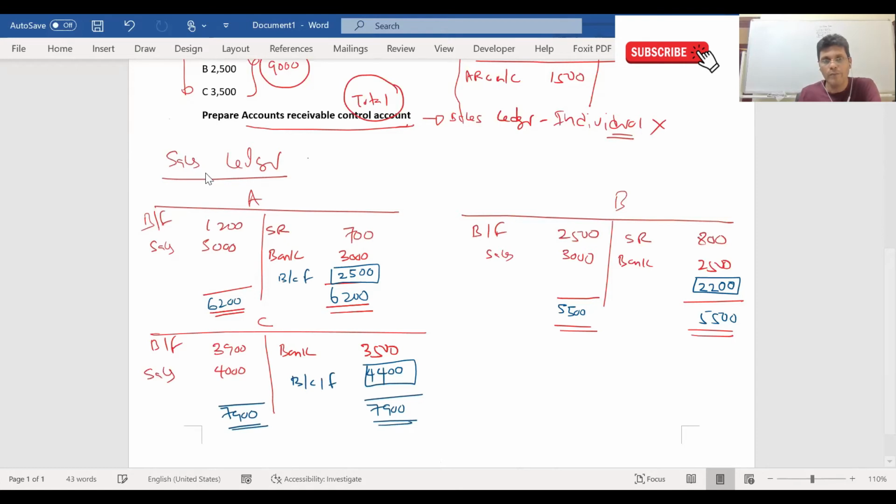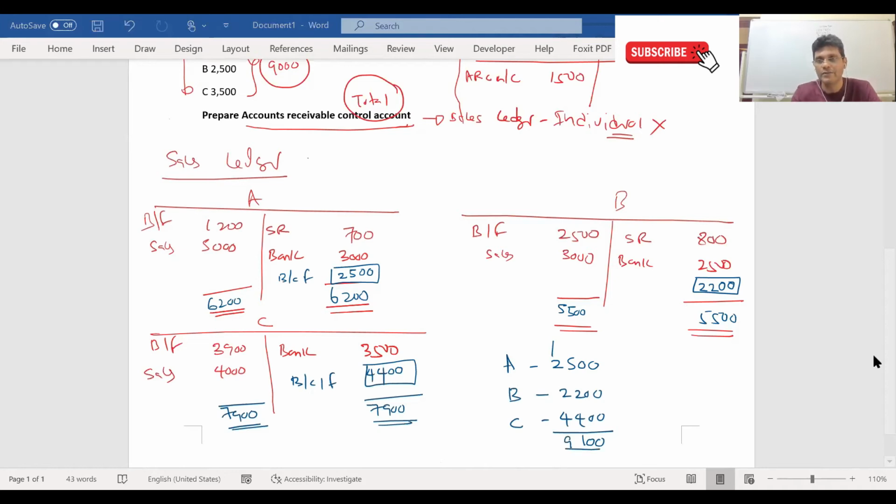So what are the individual balances now? A closing balance at the end of the period 2,500. B closing balance is how much? 2,200. C how much? 4,400. So what is the total? 9,100.